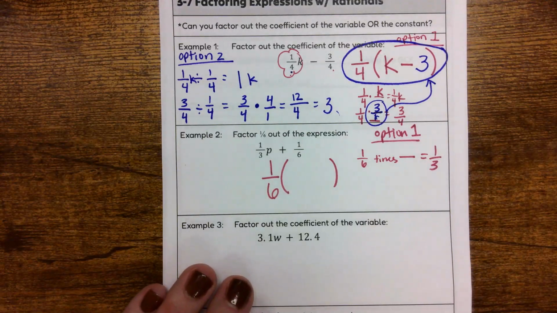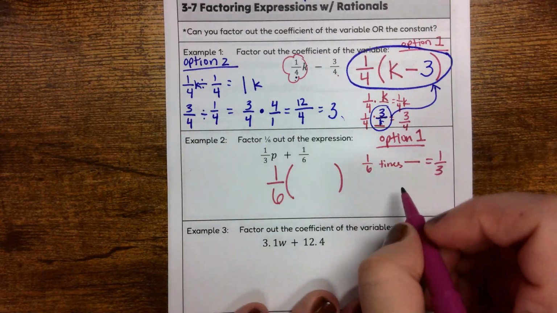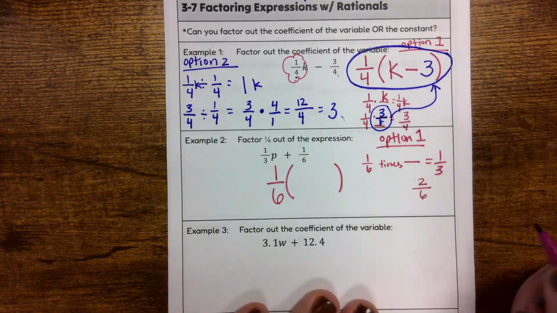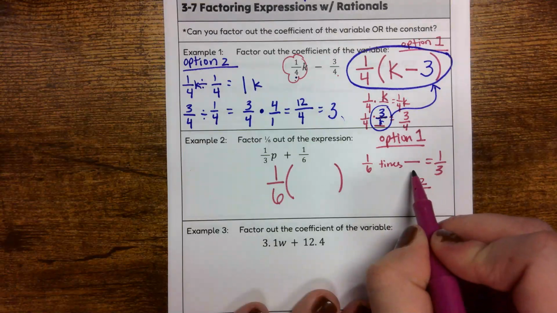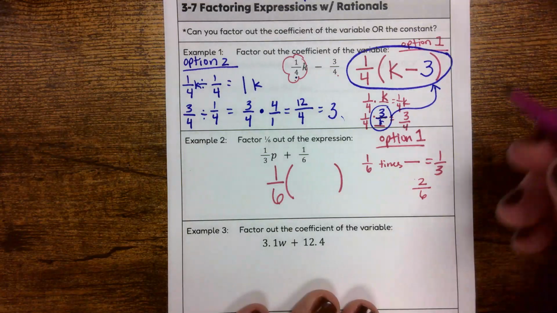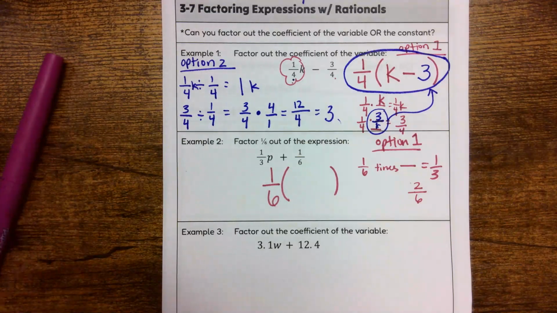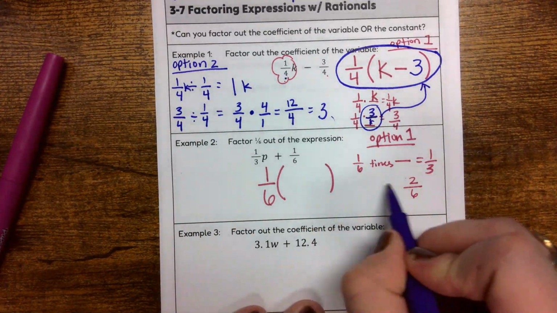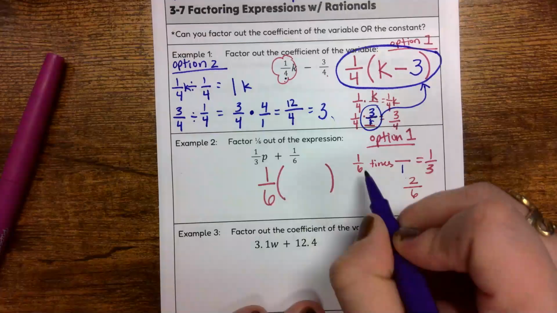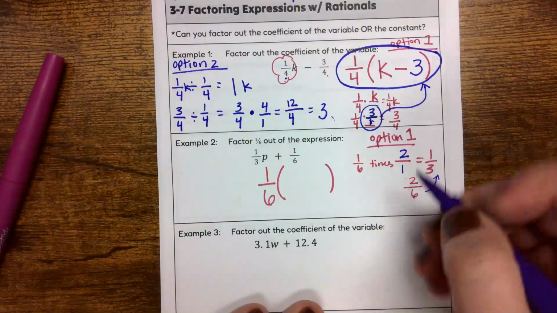Well, I know that an equivalent fraction to 1/3 is 2/6, so we probably want to find something that's equivalent. So let's go ahead and think through what 1/6 times what could equal 2/6. Well, 6 times 1 could equal 6, and 1 times 2 could equal 2, and then that's an equivalent fraction.